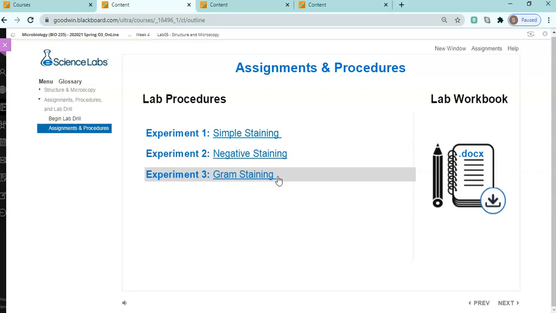Gram positive cells staining purple, gram negative cells staining pink. Also, when we talk about gram staining, make sure that you're familiar with the different microbial morphologies. That if you were to look at a picture, you could define what a bacillus is versus a coccus versus a spiral-shaped microorganism.